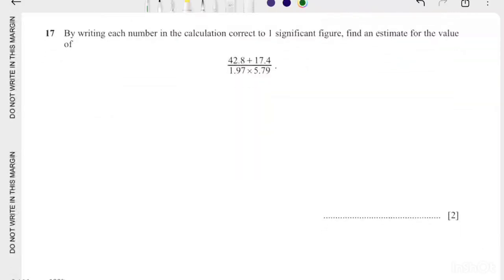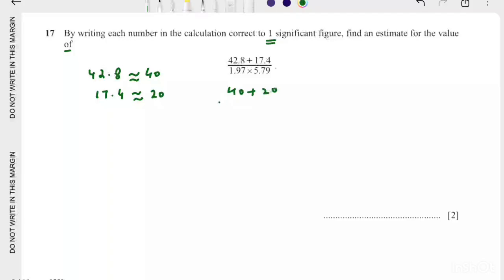By writing each number in the calculation correct to one significant figure, find an estimate for the value of this. Now 42.8 can be estimated as 40. So to one significant figure, that is 40, plus 17.4 can be estimated as 20.